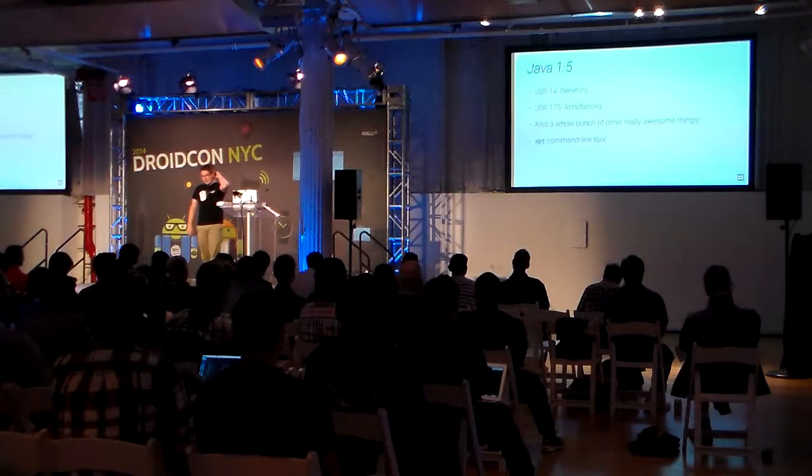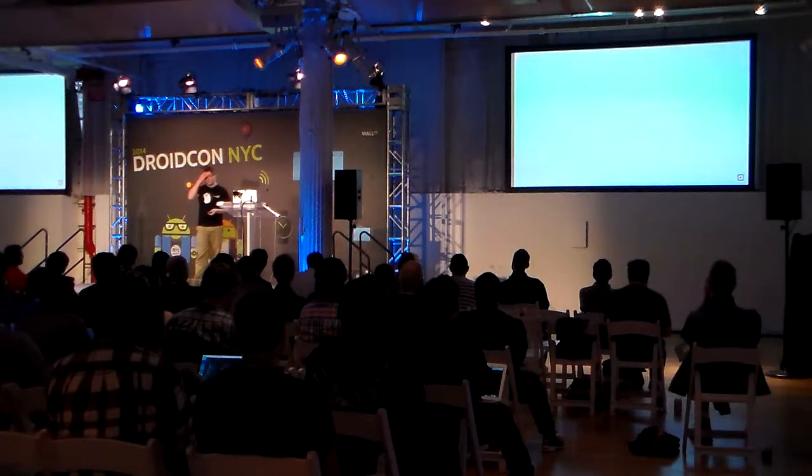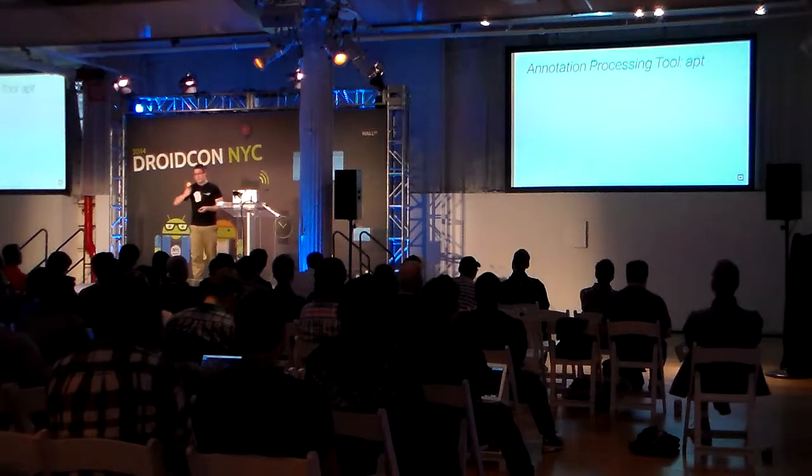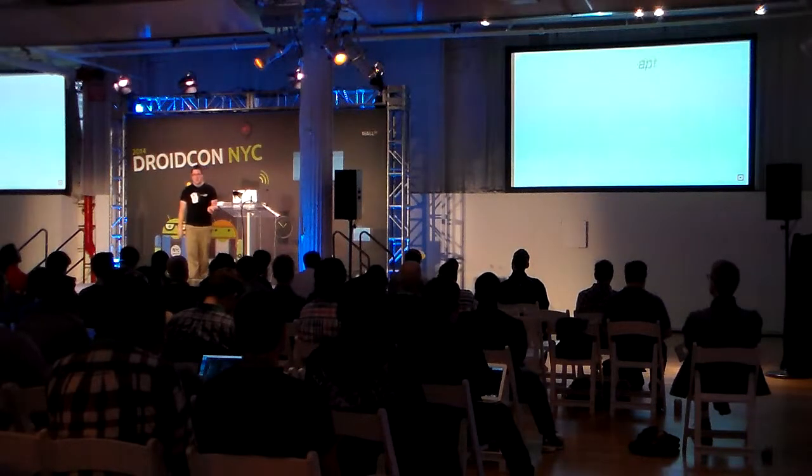It also brought this command line tool similar to the JavaDoc tool called APT. That stands for Annotation Processing Tool. And in order to not confuse this with actual annotation processing, we're just going to refer to it by APT.